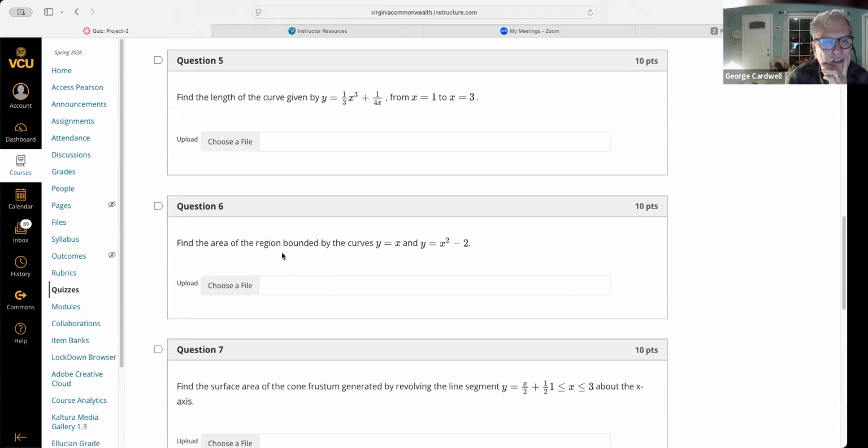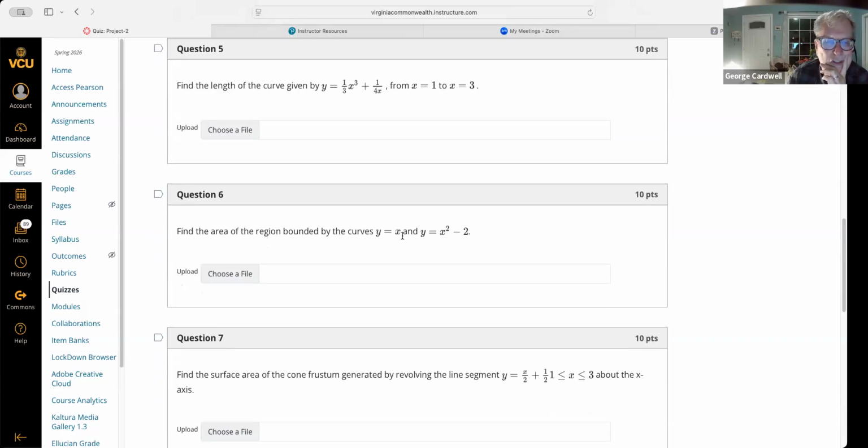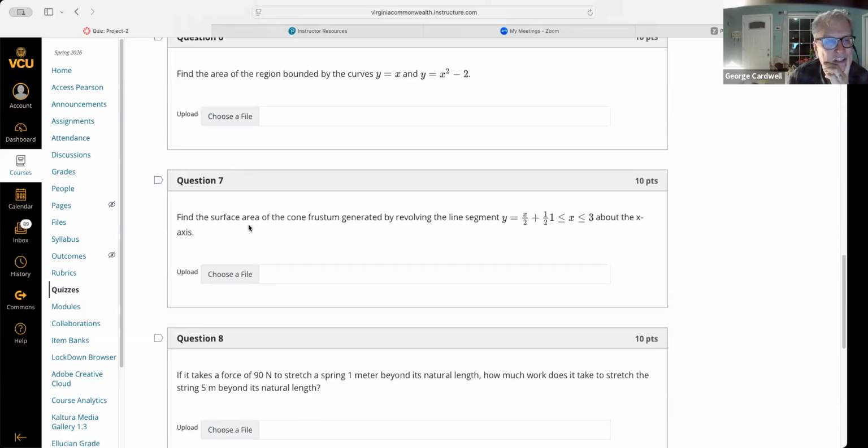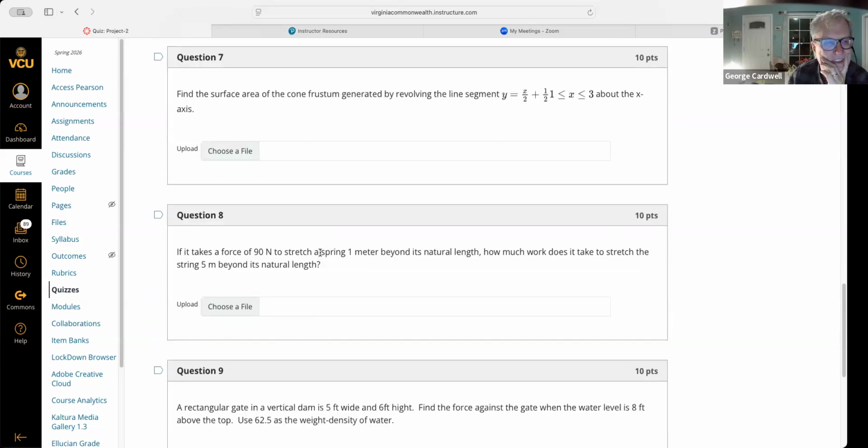Find the area of the region bounded by the curves y equals x. So that's just an area between two curves problem. And then here is find the surface area of the cone frustum. A cone frustum is like you have a cone and you chop it off somewhere above the bottom, so it doesn't come to a point. It's like part of a cone. So you generate it when you rotate this from 1 to 3 about the x-axis. Okay.